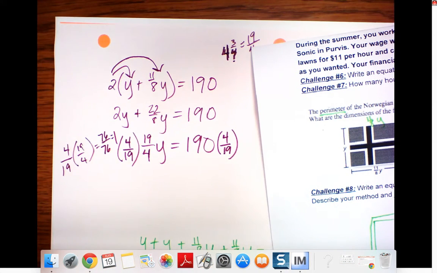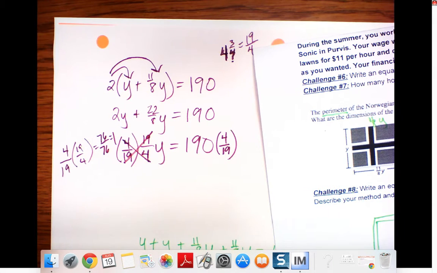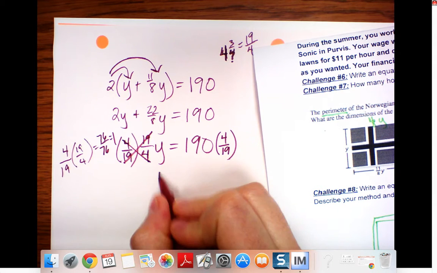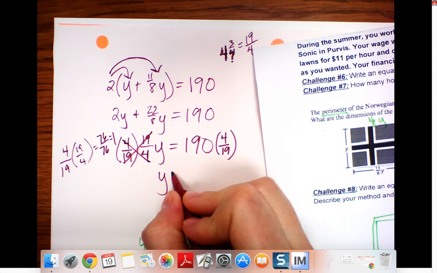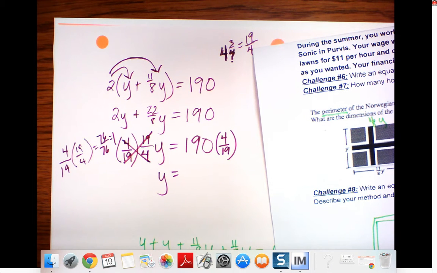And that's what we want. We want this to divide to 1 so we can bring down the y. And then 190 times 4 is 760 divided by 19 is 40.